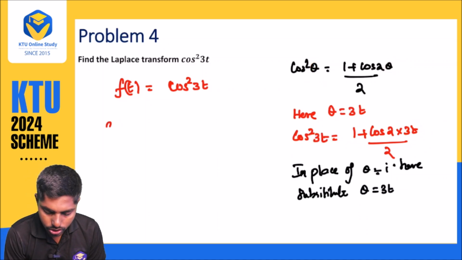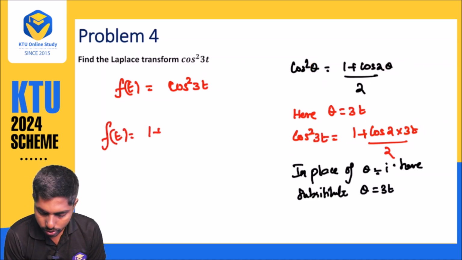So what will it become? Our f of t is equal to 1 plus cos 6t divided by 2.